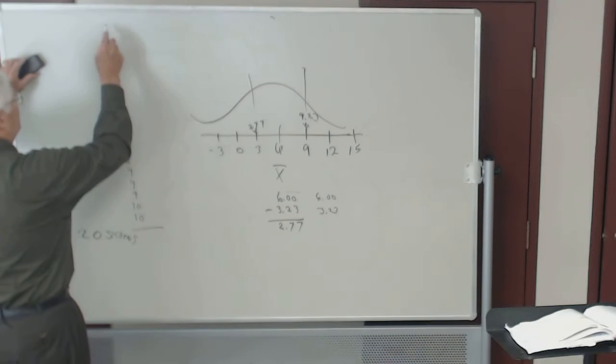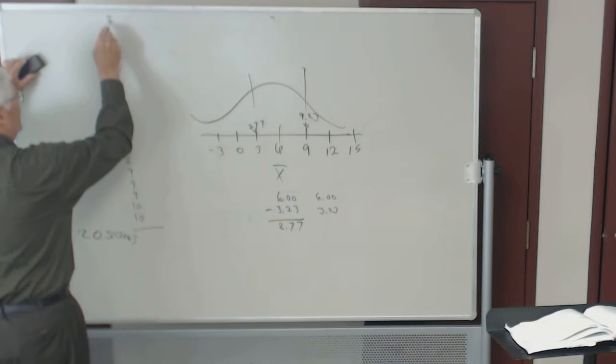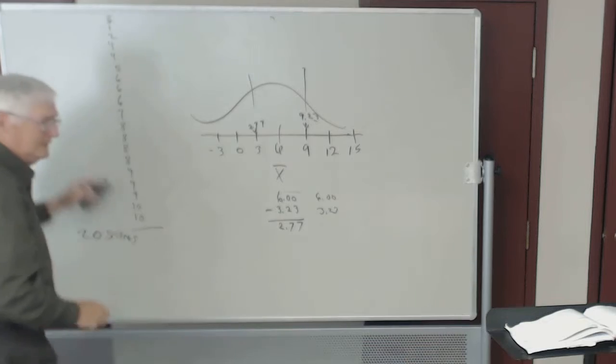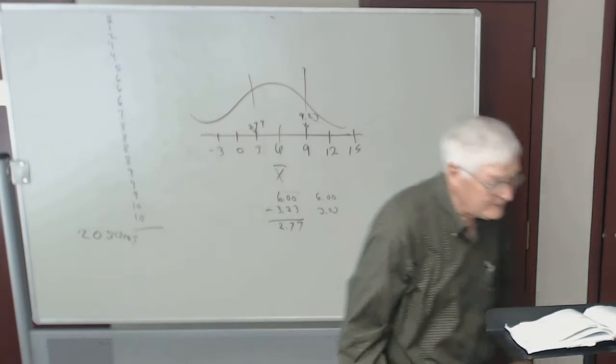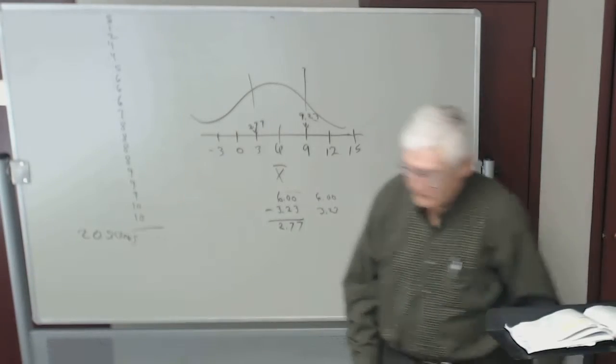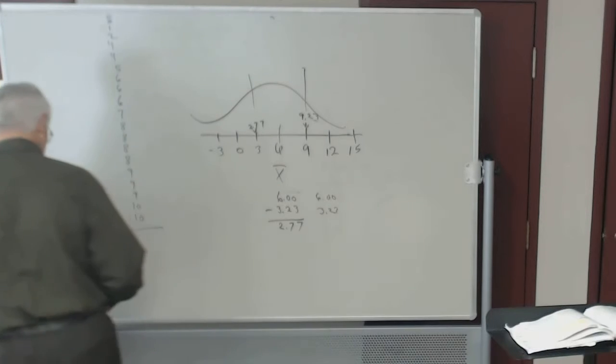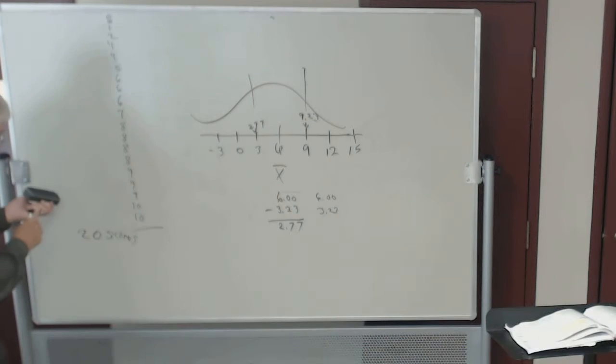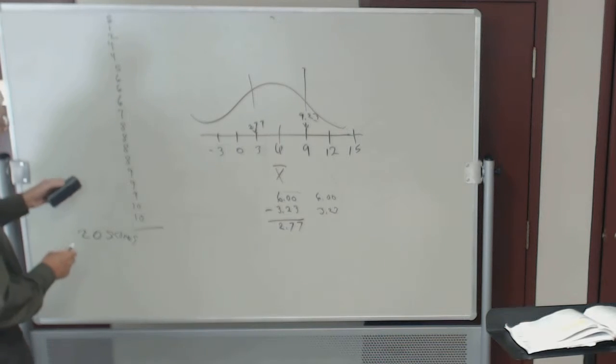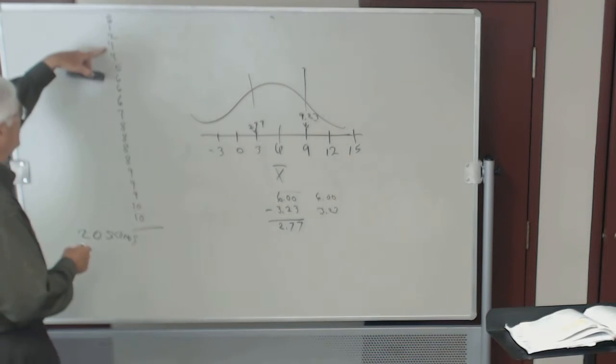Well, if we put those 0, 0, 1, and 2 up here, since we're doing problem 11, yeah, 0, 0, 1, and 2. So we have 20 scores. So how many of them are between 2.7?